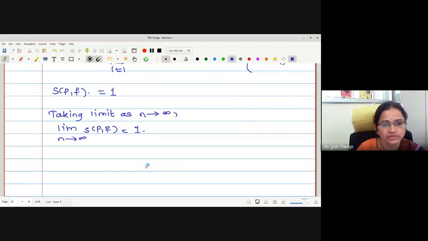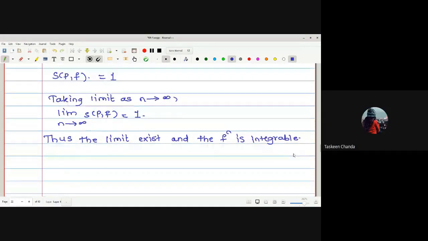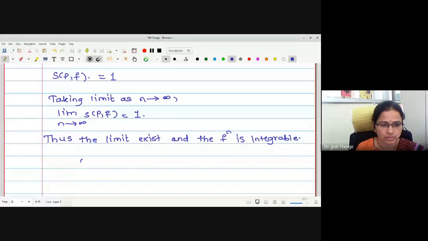Therefore, may I say the limit exists and hence the function is integrable. Thus, the limit exists and the function is integrable. What is the integration value? 1. The integral from minus 1 to 1 of mod of x dx is exactly equal to 1.